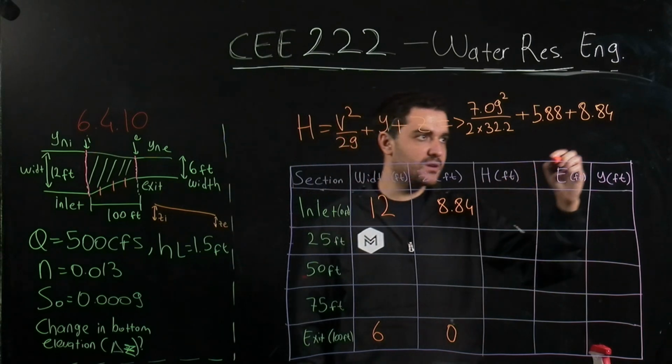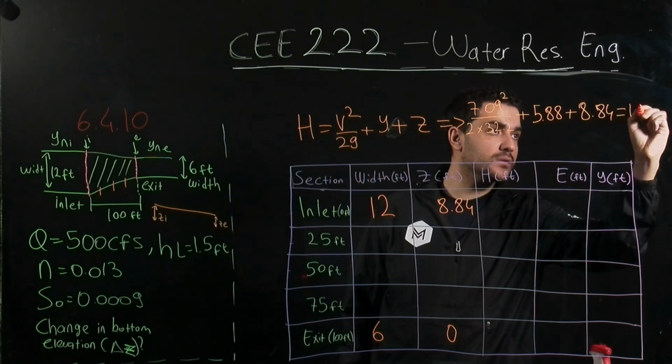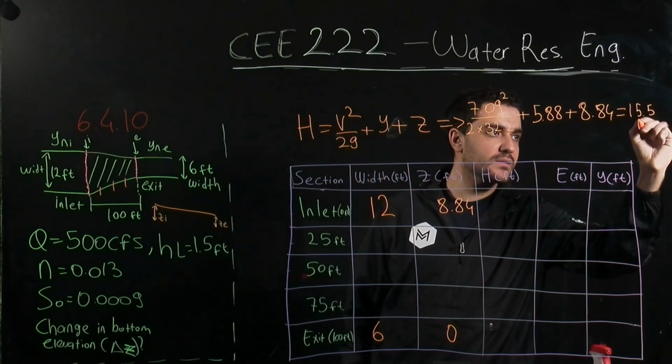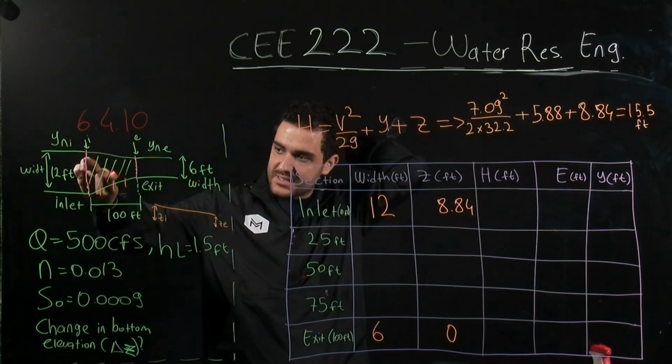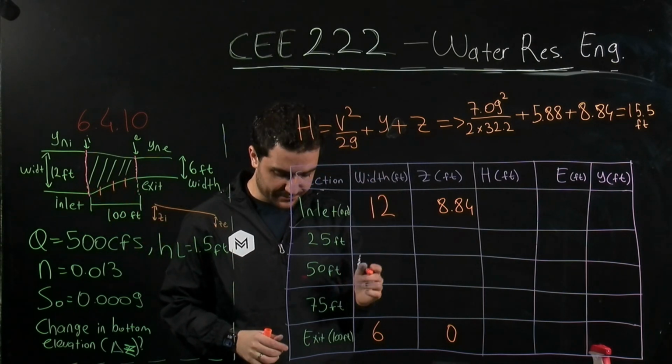From here we get 15.5 feet. This is the total energy for the inlet of the transition channel.